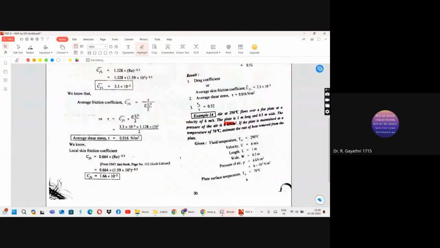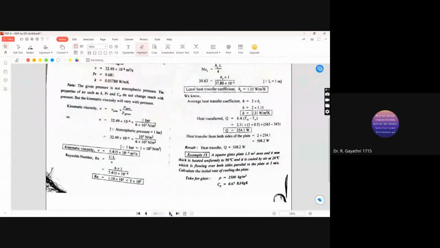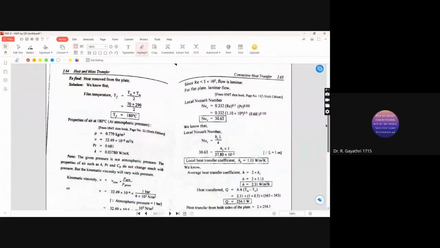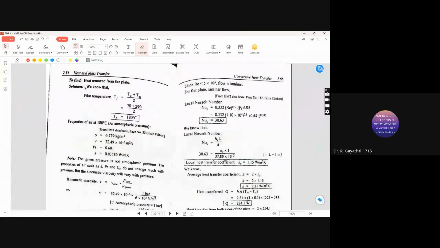And the plate surface temperature is 70 degrees centigrade. So we need to find the heat loss Q.